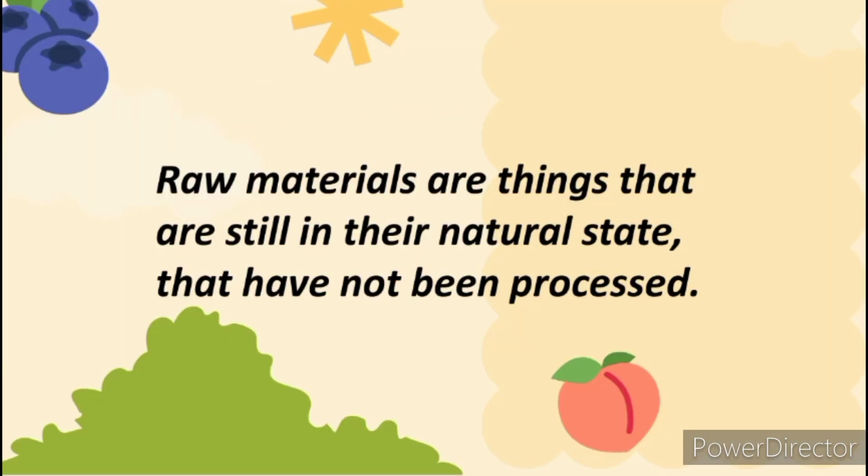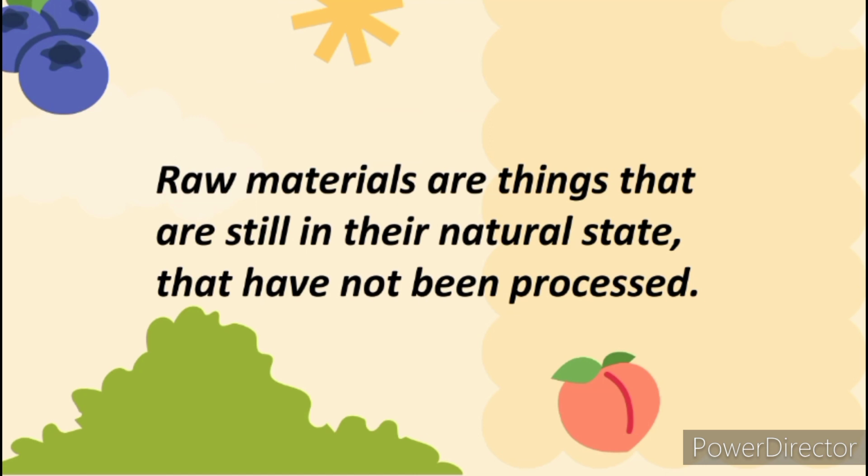Now, raw materials are things that are still in their natural state, that have not been processed. Remember, in our last class, we also defined raw materials as resources used for producing other goods.